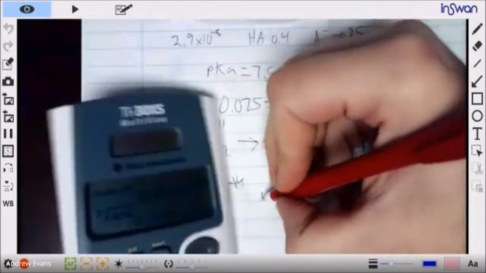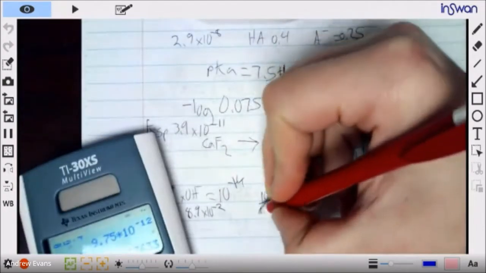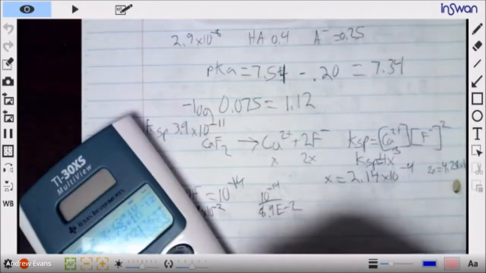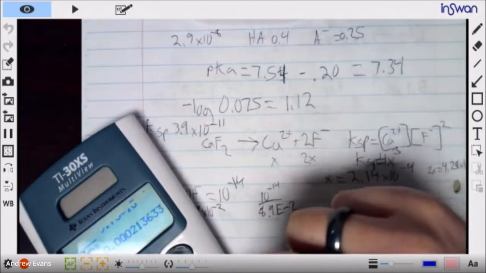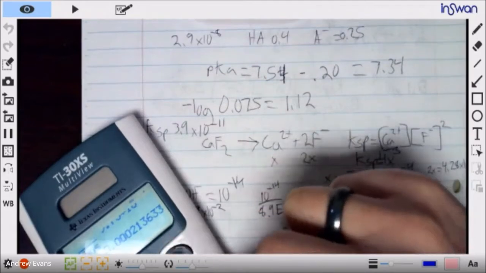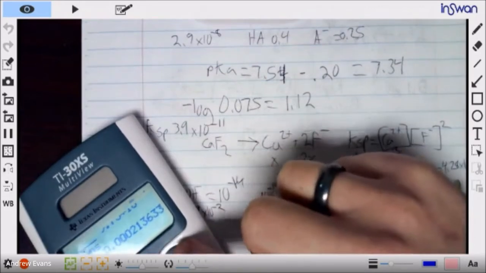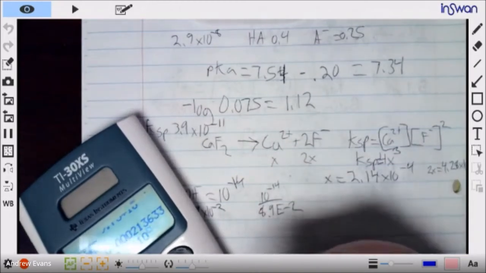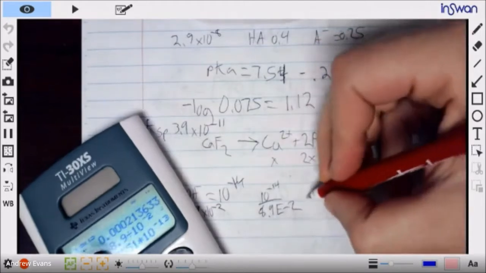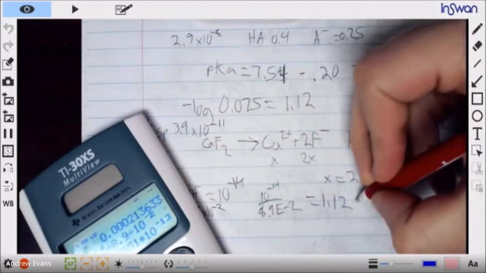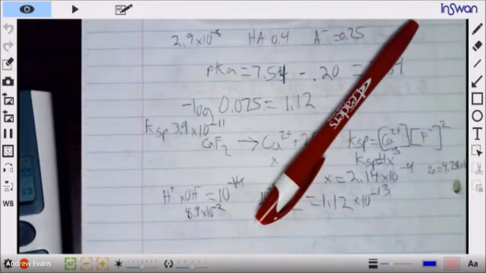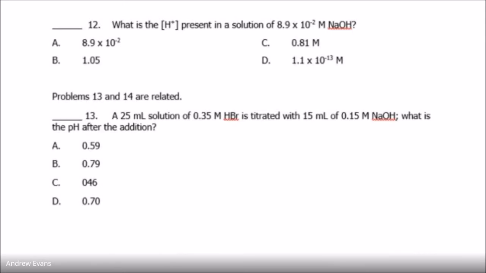So we're going to just say 10 to the negative 14th divided by our 8.9 e negative 2. You'd get the concentration is 1.12 times 10 to the negative 13th. So D.